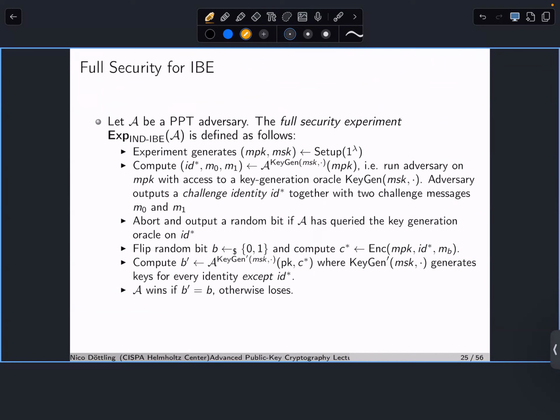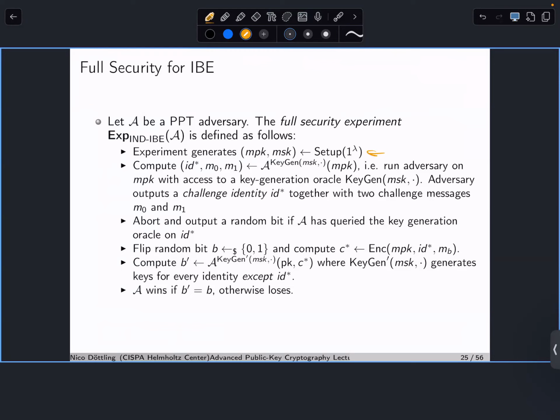All right, so how does the experiment work? Now, again, A is a PPT adversary against an encryption scheme. So his goal is to distinguish whether a ciphertext encrypts M0 or M1. Well, that's so far so expected. Good, but the experiment proceeds as follows. First, it generates master public and master secret key.